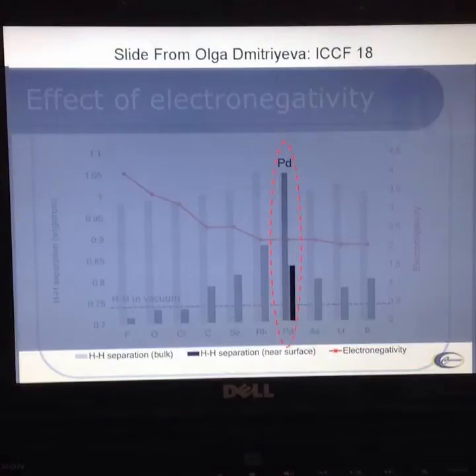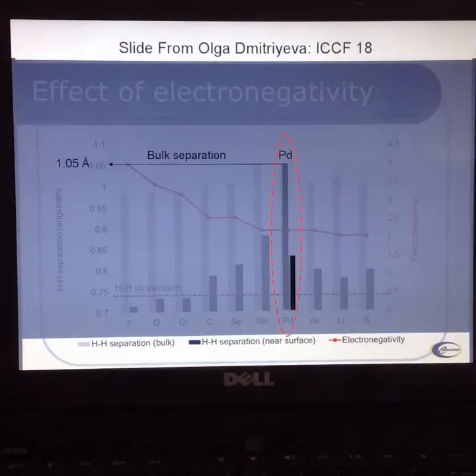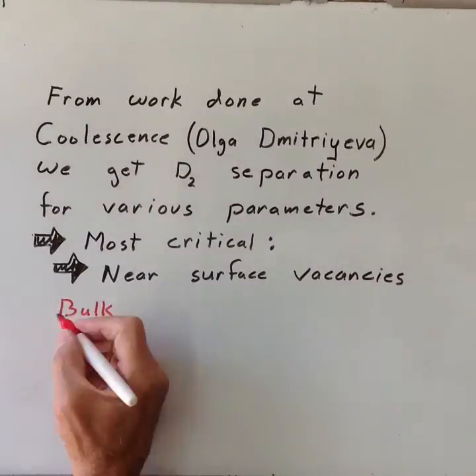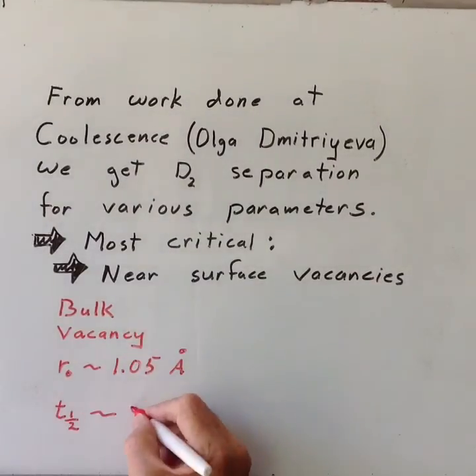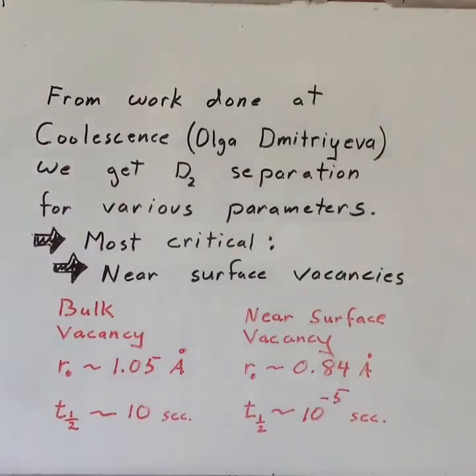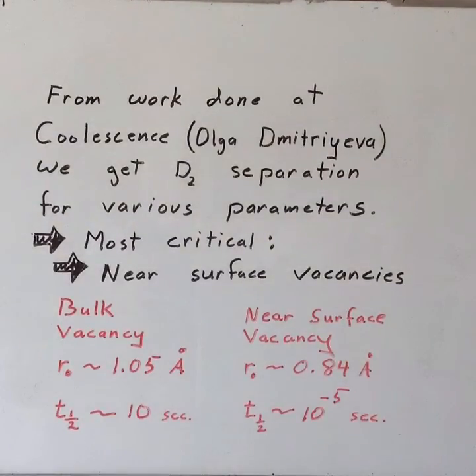Shown here is a slide from Olga's presentation, and we highlight just the palladium with the bulk separation of 1.05 angstrom and the near surface separation of 0.84 angstrom. Recall that the half-life of 1.05 angstrom was 10 seconds, and of 0.84 angstrom was 10 to the minus 5 seconds, 6 orders of magnitude difference in rate.